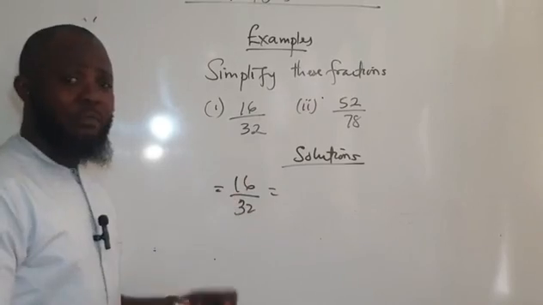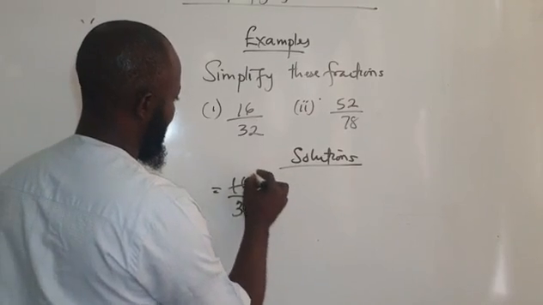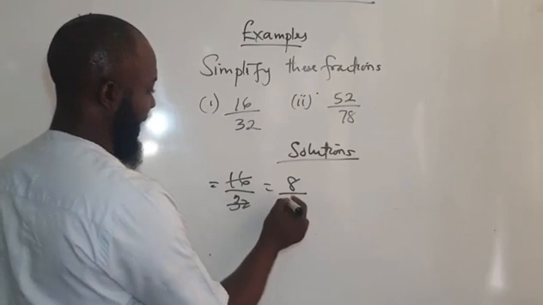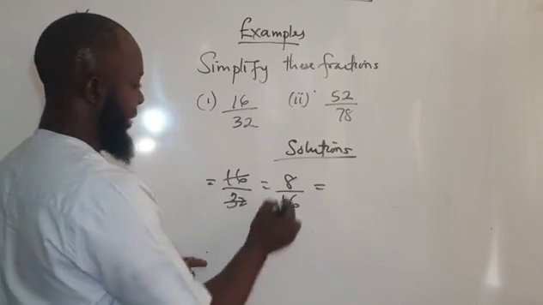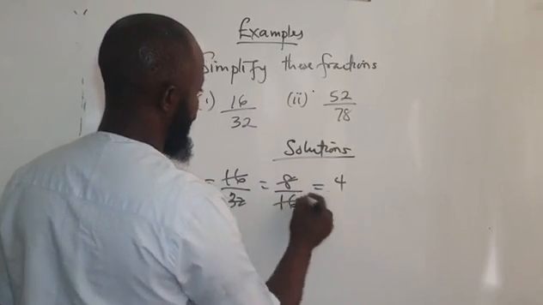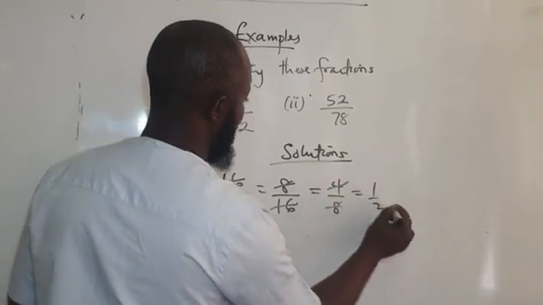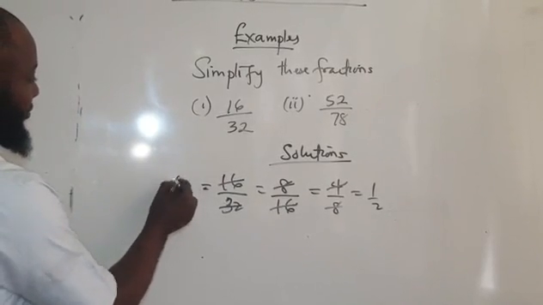The first thing, what can divide 16? 2. 2 in 16 gives 8. 2 in 32 gives what? 16. What can go again? 2 can divide it. 2 here, 4. 2 here, 8. 4 can go. 4 here, 1. 4 here, 2. That is the answer. That's the first one.